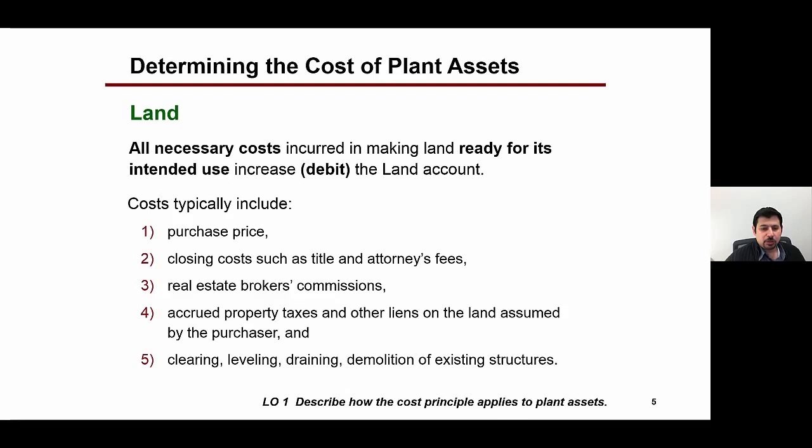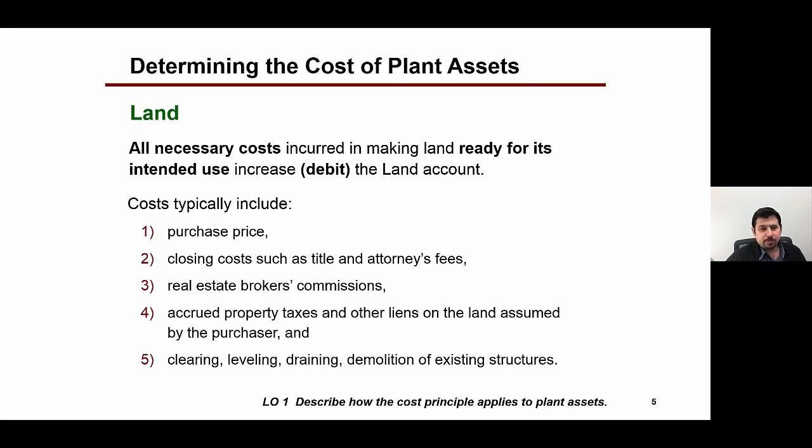For example, in addition to the purchase price, companies would add to the cost of land any sales taxes, any attorney's fees, brokerage fees, and cleaning up the land. For example, if there was an old building that needed to be demolished before the land is used for its intended purposes, etc. All these will be included in the cost of land.